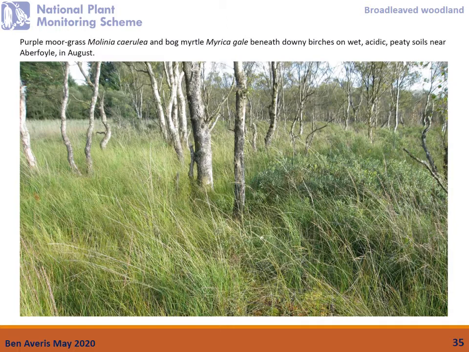And it's accompanied here, as it so often is, by that shrub on the right, bog myrtle, which is kind of a bit like a little willowy thing, but it has a very strong resinous smell, beautiful smell. You can rub the leaves and you can smell it. And the stems are kind of a reddish colour as well, distinctive thing. It has little catkins. Attractive shrub, mainly in the north and west.